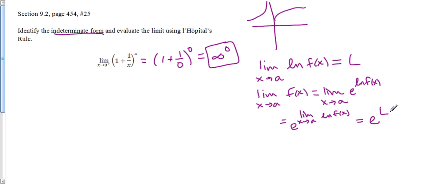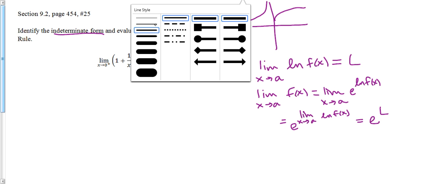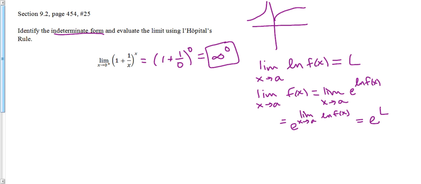So the next step in solving a problem like this is to take a side trip and determine what this limit is equal to. So I'm going to change pen colors here, but I also need to set my thickness, and I'm going to find the limit as x goes to 0 from the positive side of the natural log of (1 + 1/x) to the x.